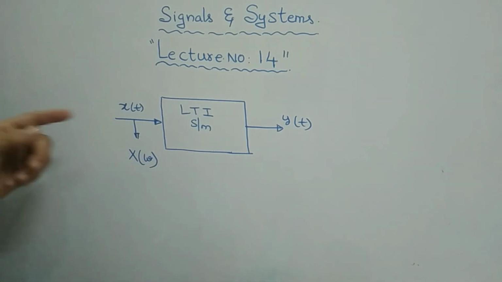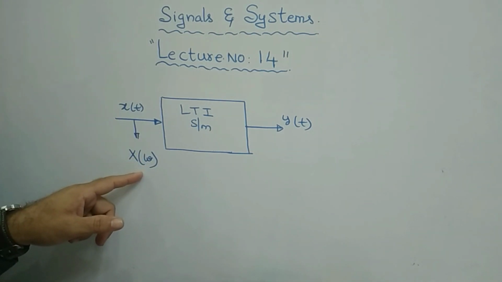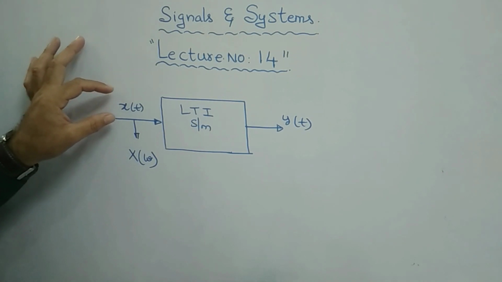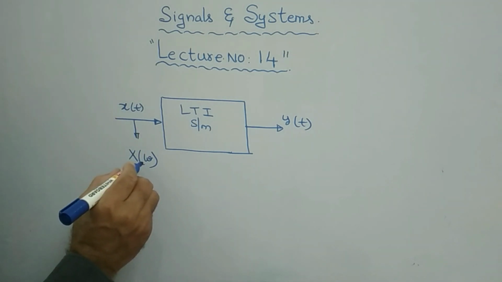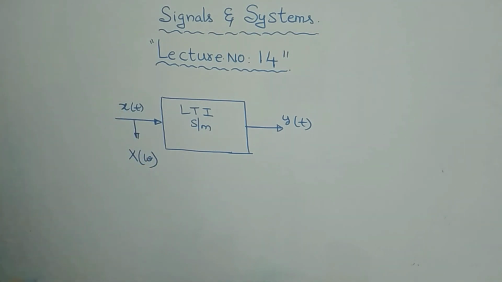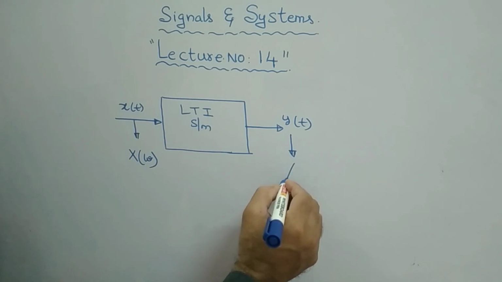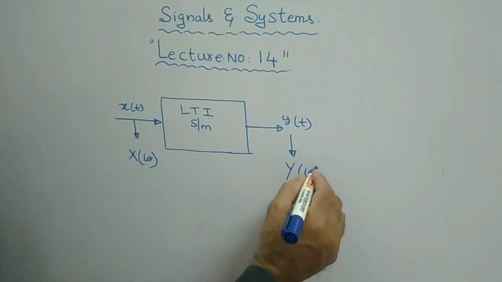This is the frequency domain representation, whereas x of t is the time domain representation. As well as for y of t, the frequency representation is capital Y of omega.